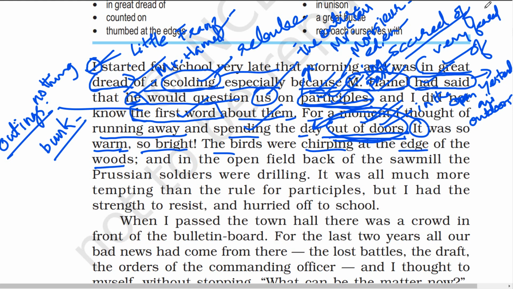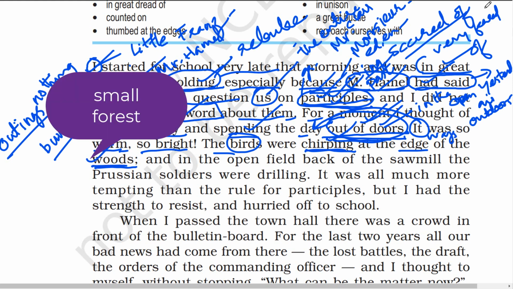And so many things are attracting him, especially the birds. Chirping means they are singing. The chirping sounds, the birdie sound at the edge of the woods. At the edge of the woods means on the waysides of the jungle. Woods here means jungle or forest.